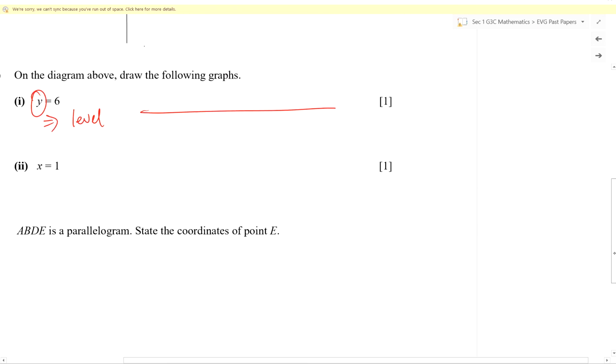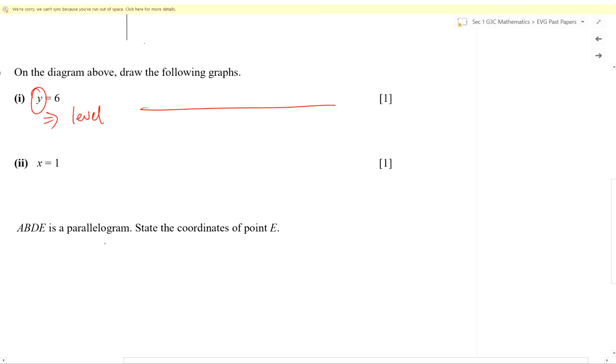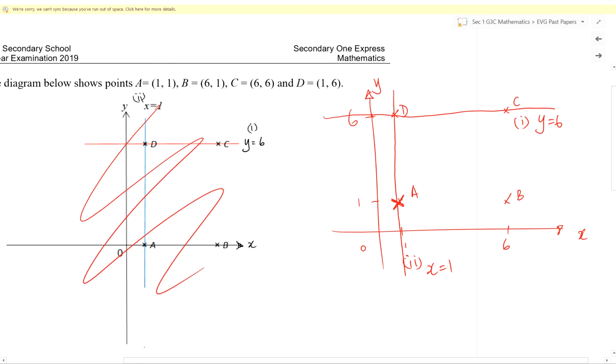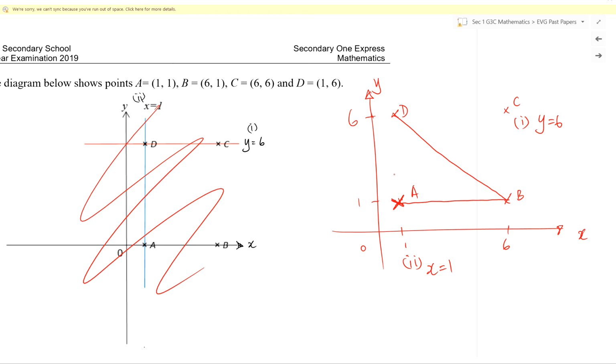Then they go on to say that ABDE is a parallelogram. State the coordinates of point E. Let's start joining the points: A to B, then to D, and another point E such that it will give me a parallelogram. So you're supposed to find a point.